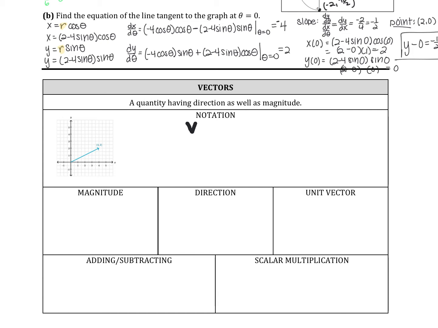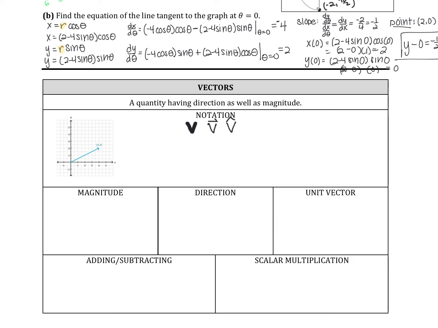Or you could see the vector notation with a V with an arrow up top, like a half arrow. And you may see the notation with the V and a hat. We'll call it a hat. I don't know what the real name for it is. Oftentimes in physics they use the hat.